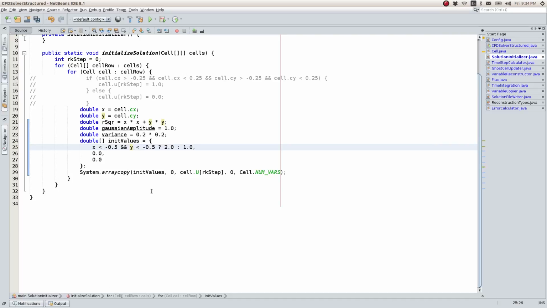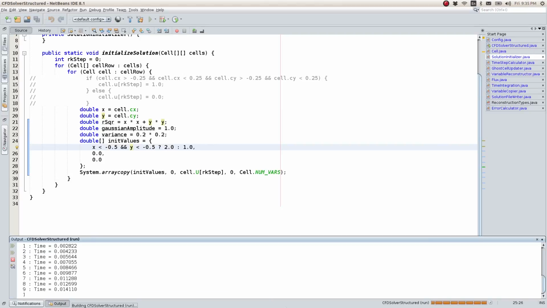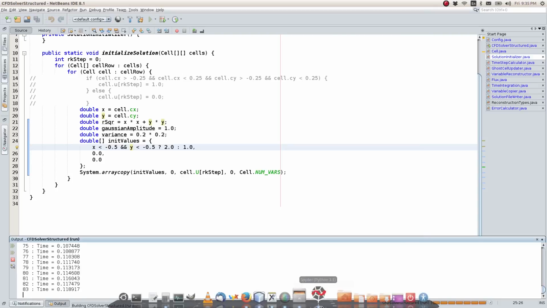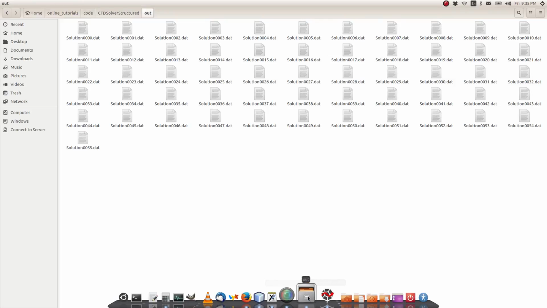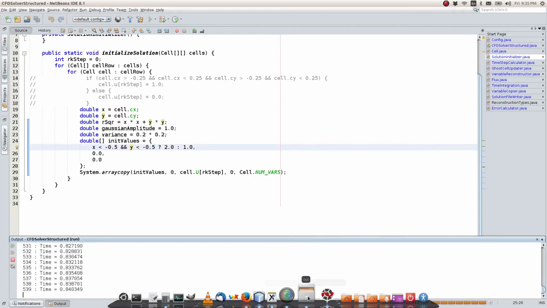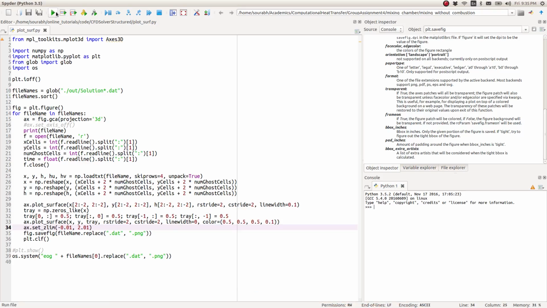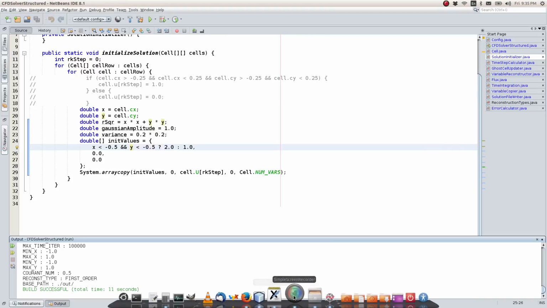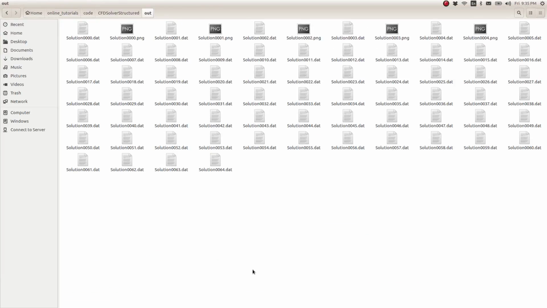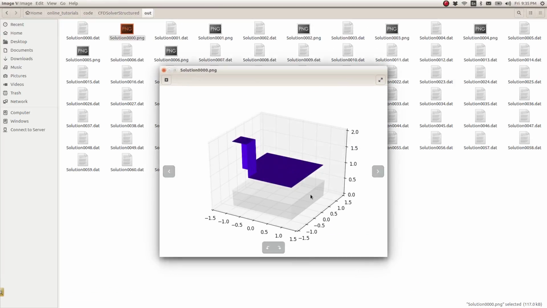I wanted it to be minus 0.5 so that it's put at one corner. So it will stop after 1 second, and let me plot these results now. And what we see should be very interesting, I suppose.